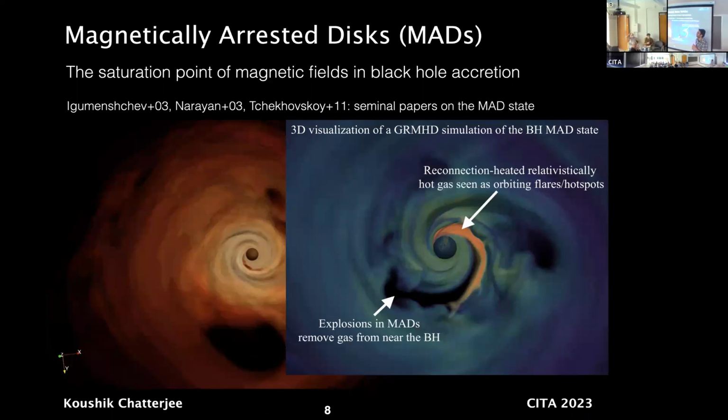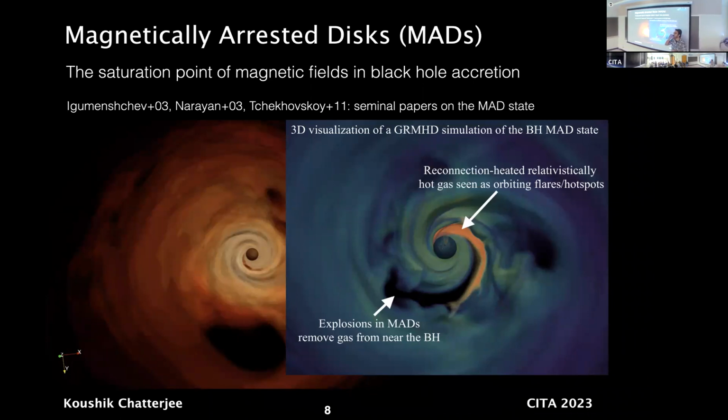The plasma beta, you start out with a minimum plasma beta of, I think, 100. So that the magnetorotational instability can work. And after that, the plasma beta goes down and down as you go near the black hole. Right.